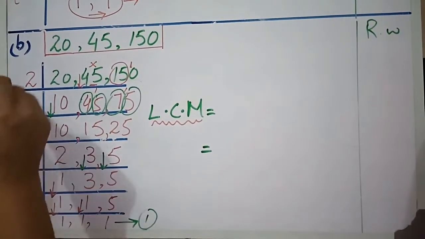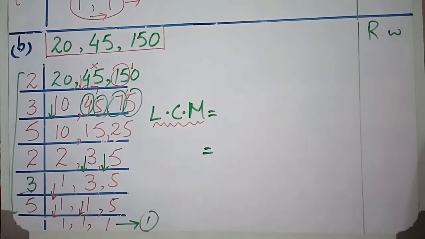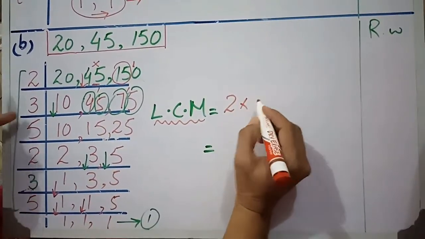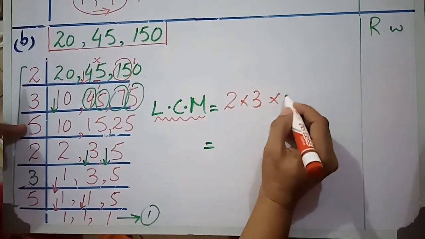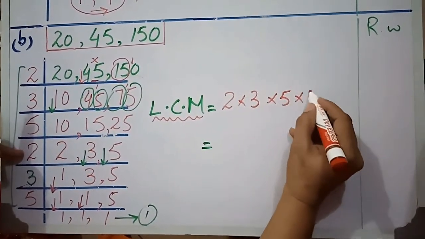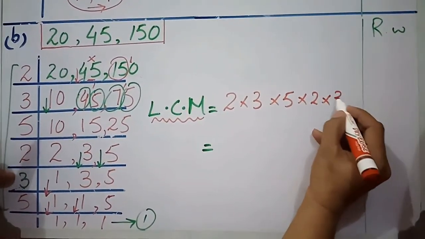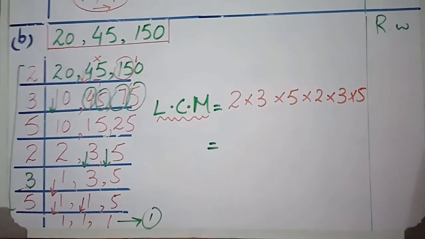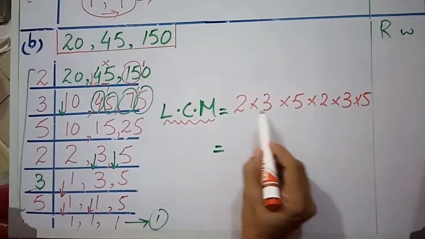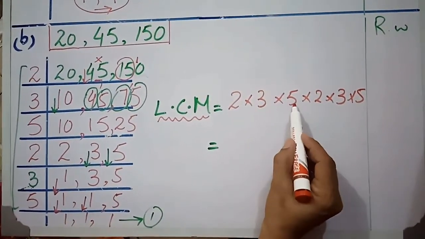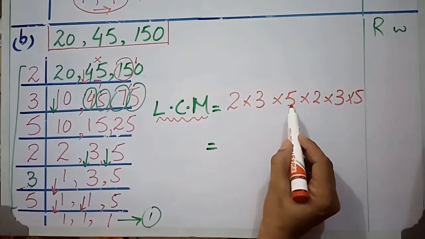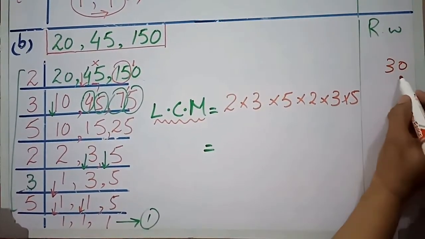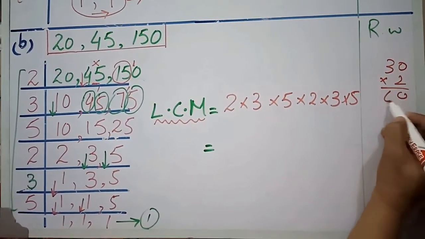Now we will list these factors here: 2, 3, 5, 2, 3 and 5. Now we will multiply them all. 2 3s are 6, 6 5s are 30, 30 2s are 60.